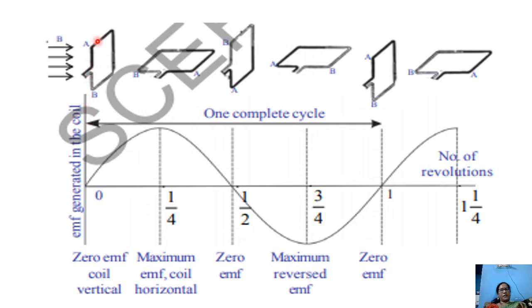This is the vertical position with side A of the coil at top position and side B at bottom position. So no current will be induced in it. So this is the position of the current.